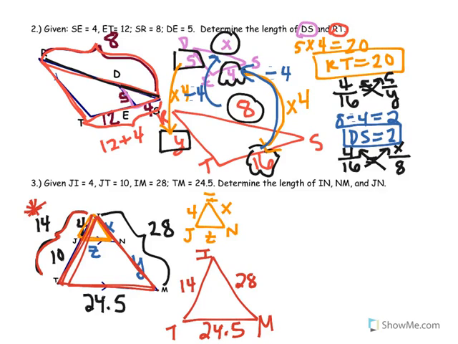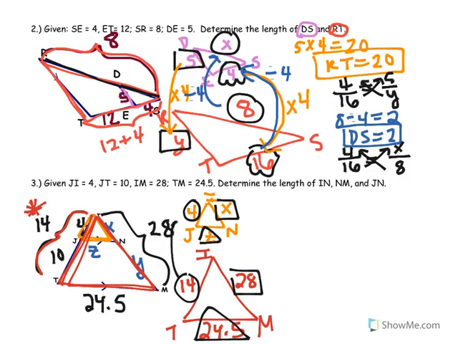And now let's match up our sides. Notice Y isn't in my picture, so we're going to talk about that at the end, all right? But 4 is going to go with 14, X goes with 28, and Z goes with 24.5, right?